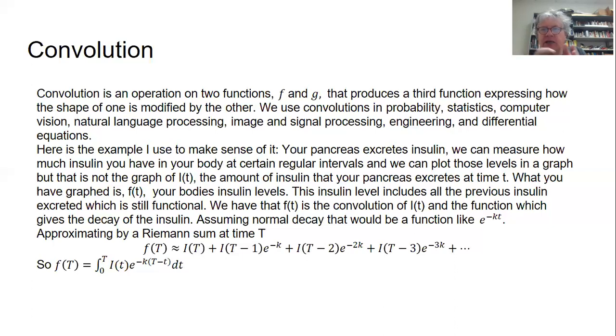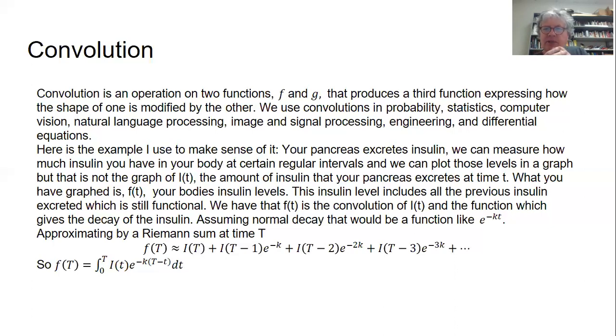So it's been allowed to decay for one time period, plus the insulin produced 2 steps back times e to the minus 2k, because that insulin has had a chance to decay twice, plus the insulin produced 3 steps back, times e to the minus 3k because it's had 3 chances to decay.